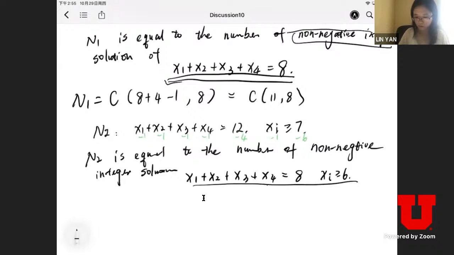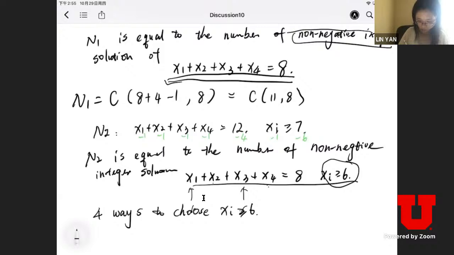We cannot use Theorem 3 directly because we also have a condition. But think about it: we can only pick one item that is larger than 6, because if we choose two items larger than 6, then the other two will be negative. So we have 4 ways to choose the xi that is larger or equal to 6.